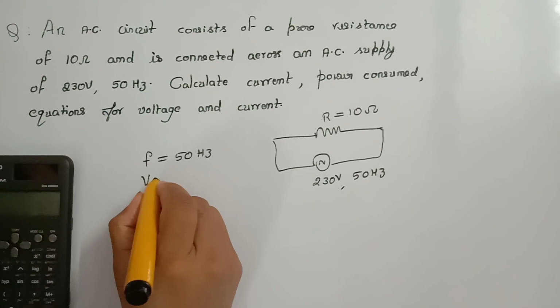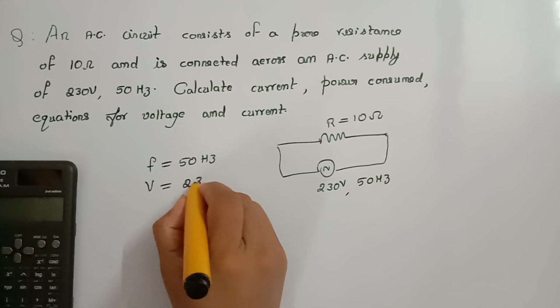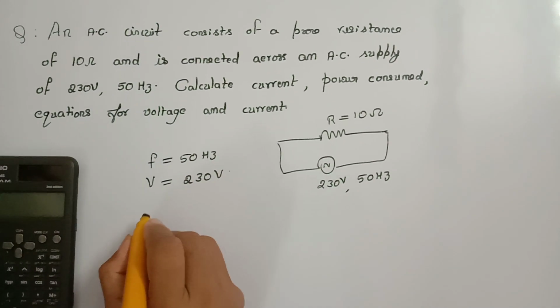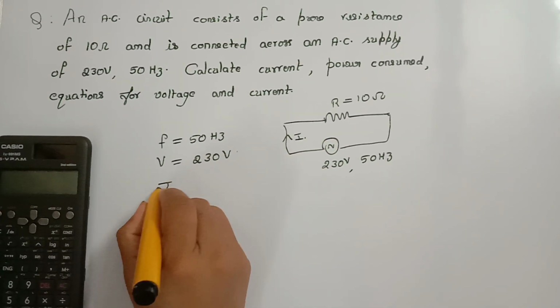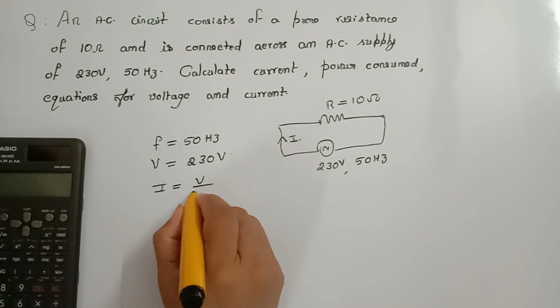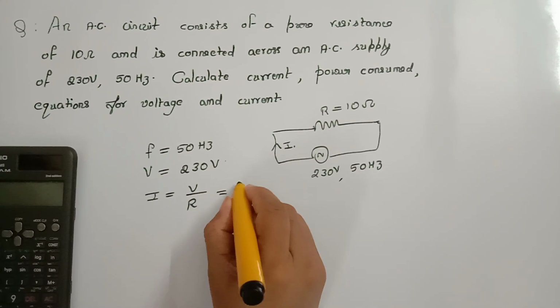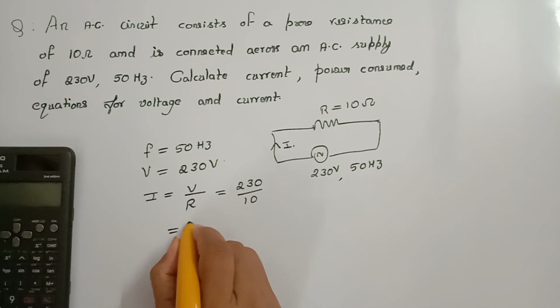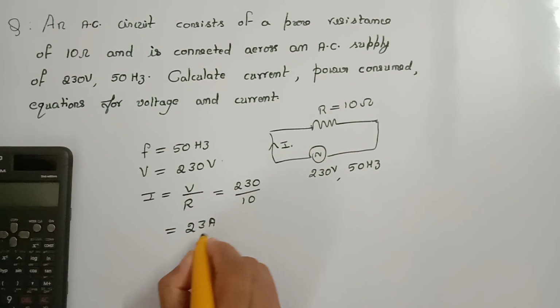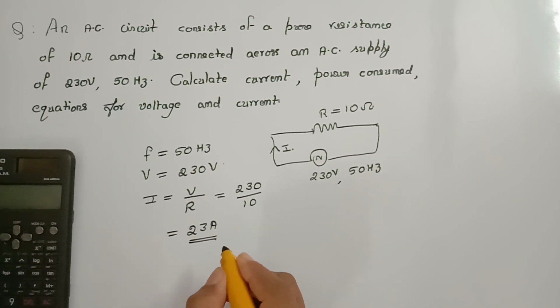Here RMS value of the voltage is 230 volt. Since it's a pure resistive circuit, you can find out the RMS value of current. I is equal to V by R, that is 230 divided by 10. We will get 23 amps. So first part is over.